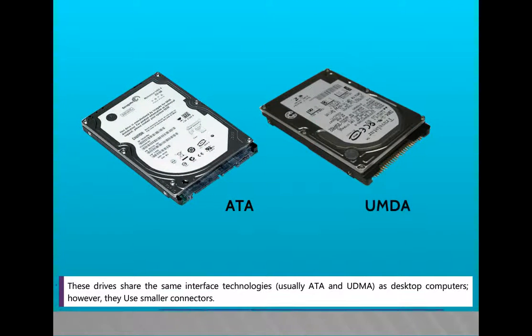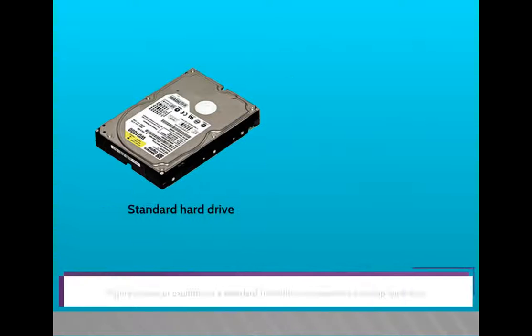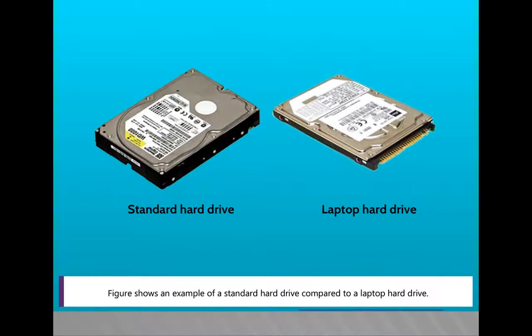These drives share the same interface technologies, that is usually ATA and UDMA, as desktop computers. However, they use smaller connectors. Figure shows an example of a standard hard drive compared to a laptop hard drive.